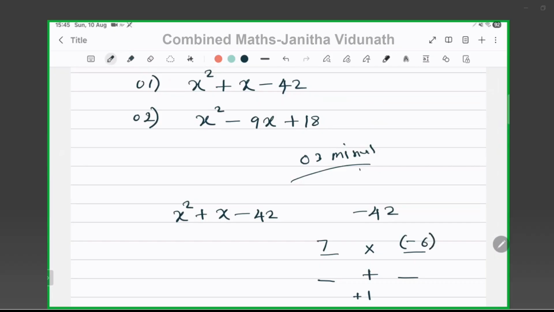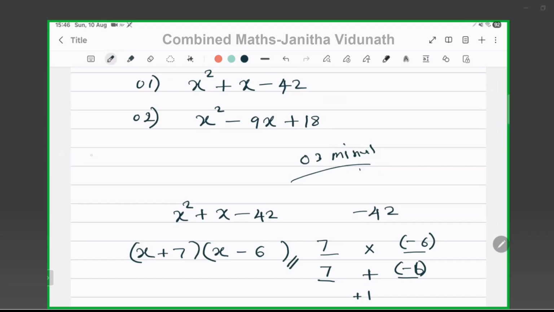When we multiply 7 times minus 6, we get minus 42. And when we add 7 and minus 6, we get 1. Then for the factors, first we write x in both brackets. Then we write one factor in one bracket and the other factor in the other bracket.